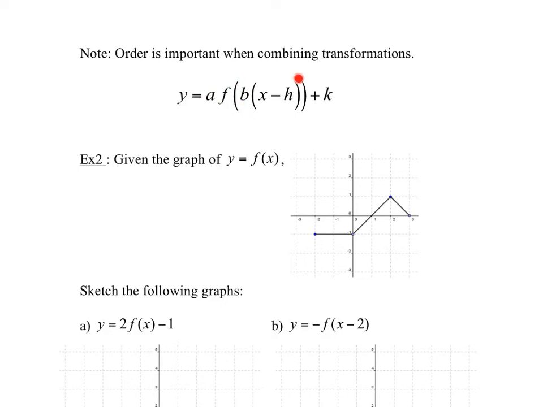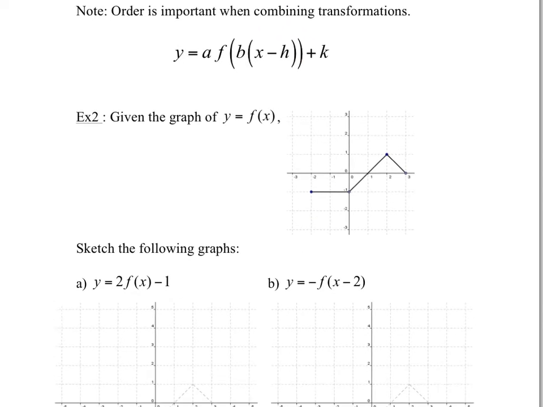It's inside the large bracket, so this b is attached with the x. This b here represents any stretch or compression on x. This h is the translation left to right, and this k is translation up and down. Notice that we did factor b in x minus h, and I would recommend doing that every single time you're doing transformations, and we will see that as the notes and the course goes along.